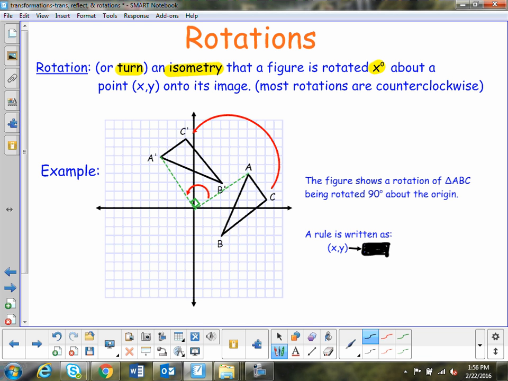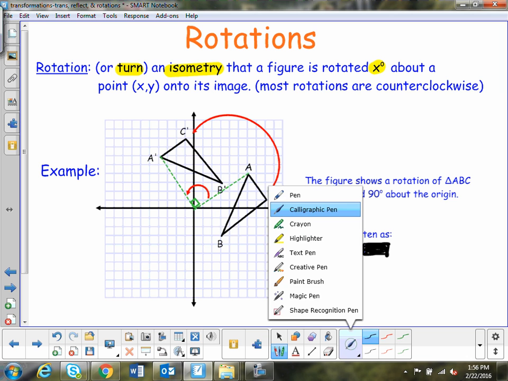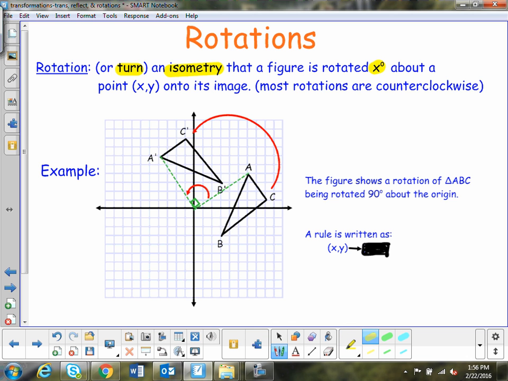Now the point that we're always going to probably rotate it about is the origin, just like in this example. And the most frequent way that we are going to turn is counterclockwise. I'll try to be specific and tell you to turn counterclockwise. If not, just ask and I'll say yes, we're counterclockwise.